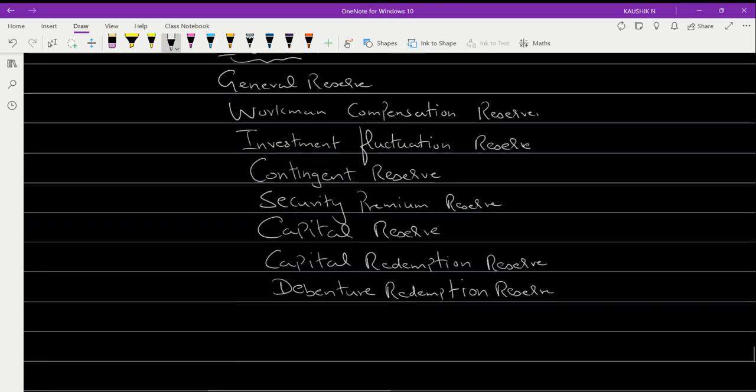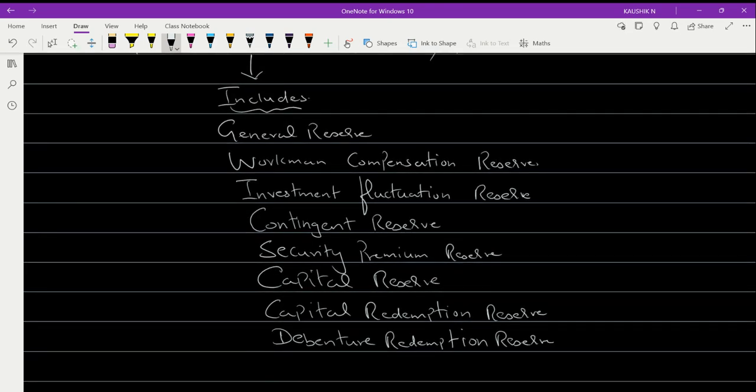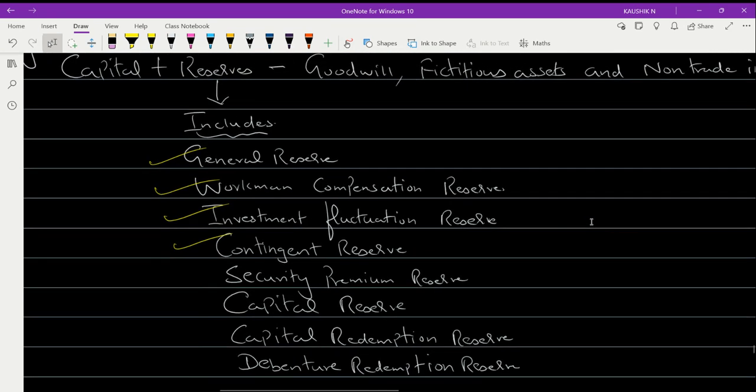So we have various reserves like this, but when we deal with partnership, these reserves are more than enough: general reserve, workman compensation, investment, contingent. The other reserves are used when we go for other topics, that is the other volume.